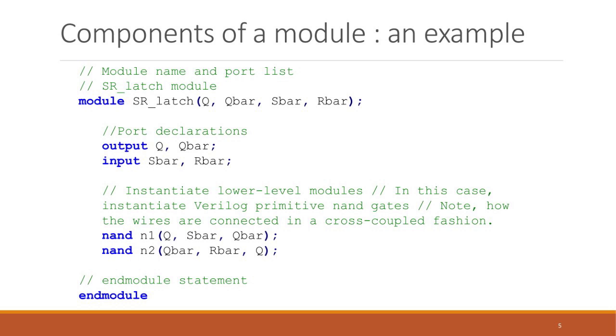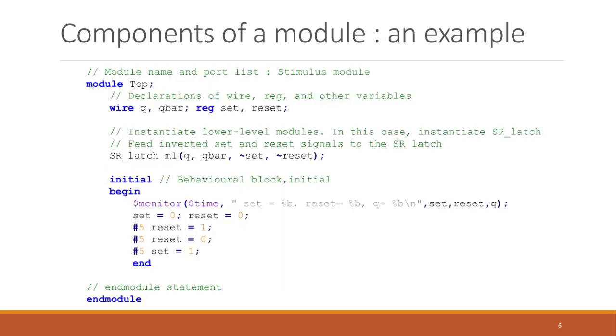Okay, so finally we close the module definition with the endmodule keyword. So we are done with our design block, or the SR latch module, and now comes the stimulus block, or the test bench. As I told you in the previous lesson as well, the test bench is also another module in Verilog.